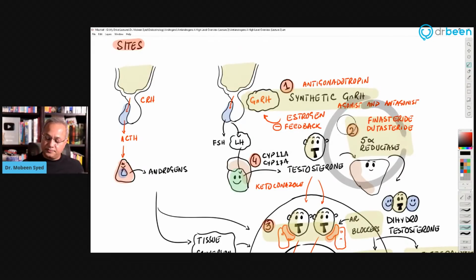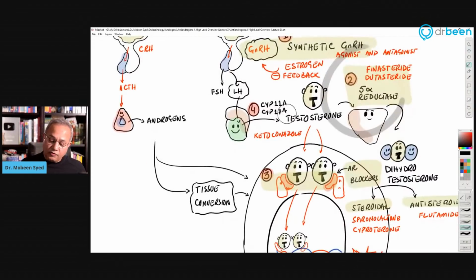Second part. Well, let's go here, although I said 4, but let's call this number 2 for a second. Let's say the luteinizing hormone is released and it goes to the testis, and the testis then produces testosterone. Now, for producing testosterone, there are a couple of enzymes that are important in the steroid hormone production line.